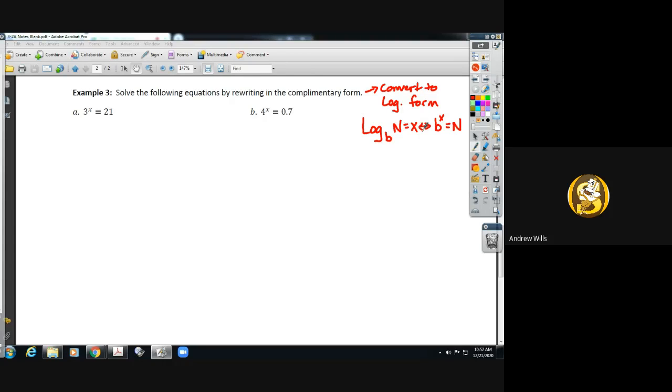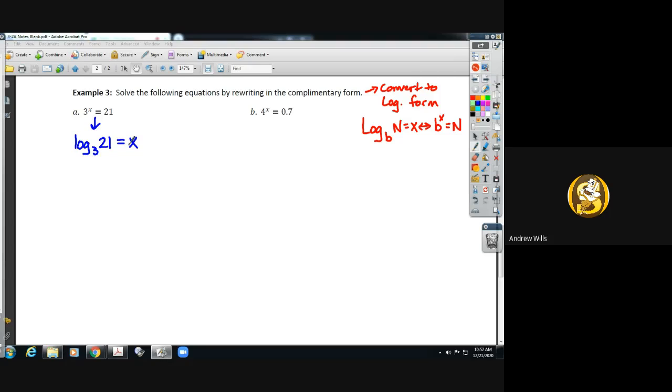And it actually goes the other direction as well. So on that first problem, 3 to the x power equals 21. 3 would be our base, and 21 would be our n. So when we convert this from exponential form into logarithmic form, that would be log base 3 of 21 equals x.